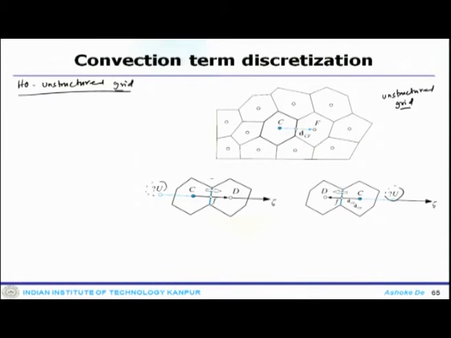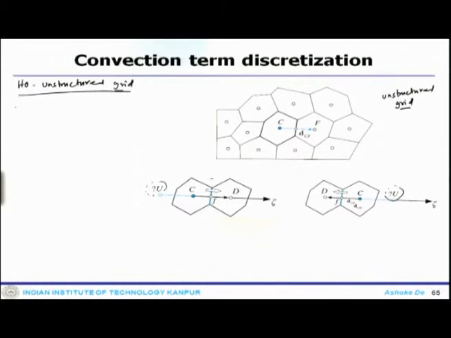For structured systems this was easy to find, but unstructured systems require some sort of involvement. So, how can one do that? Whatever profile we have developed for the structured grid, we can extend and use the same thing here.